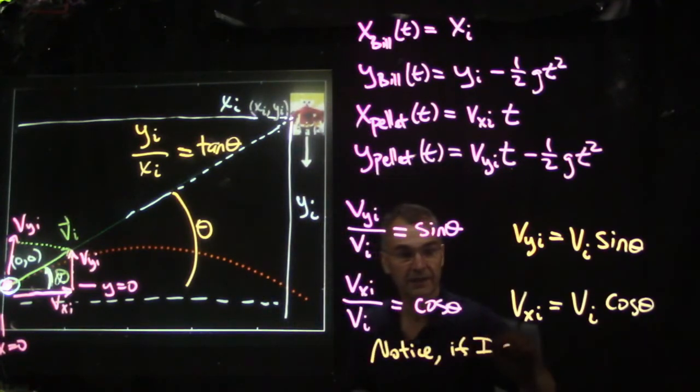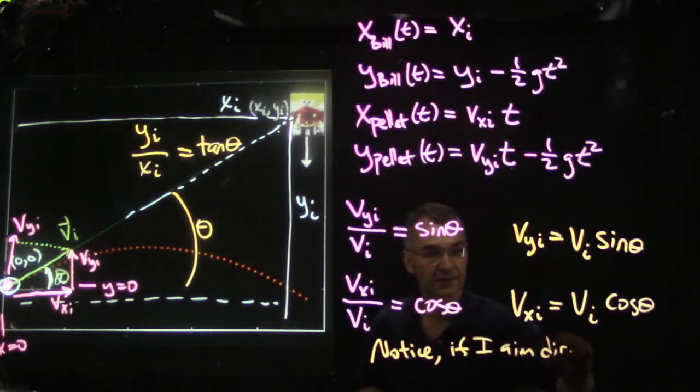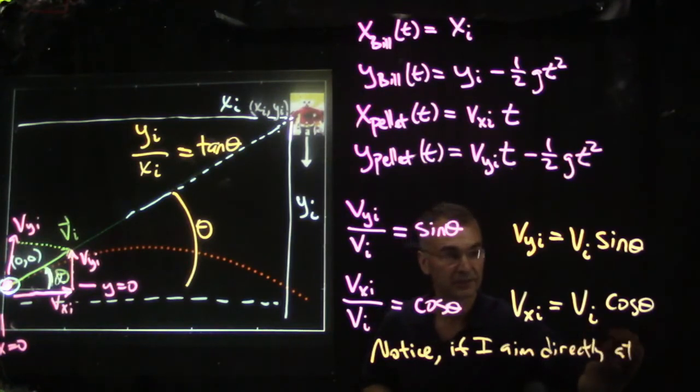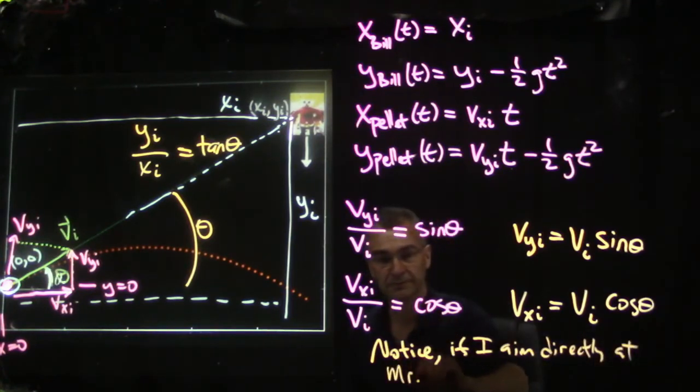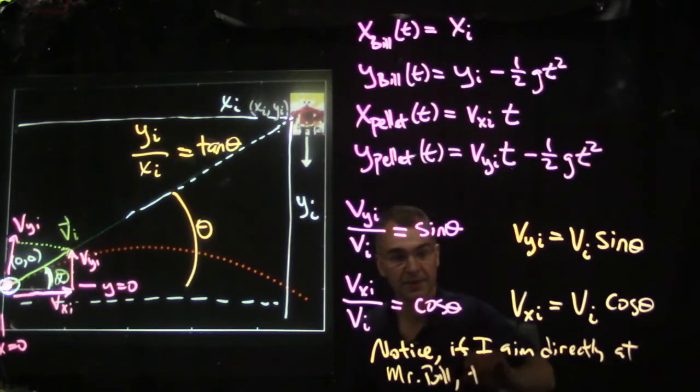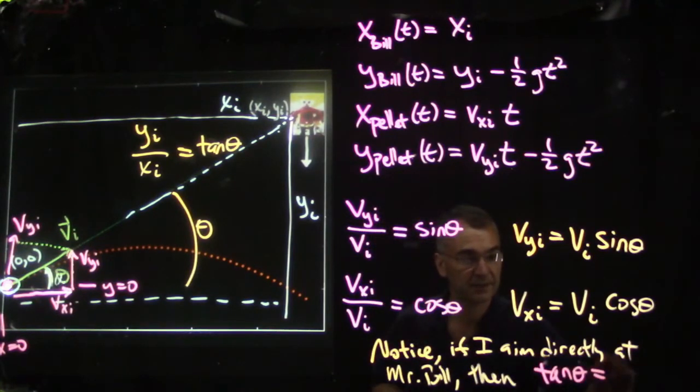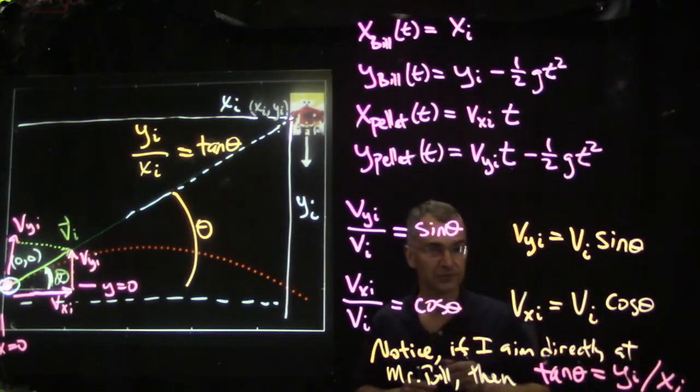If I aim directly at Mr. Bill, then tan theta equals y initial of Mr. Bill divided by x initial of Mr. Bill.